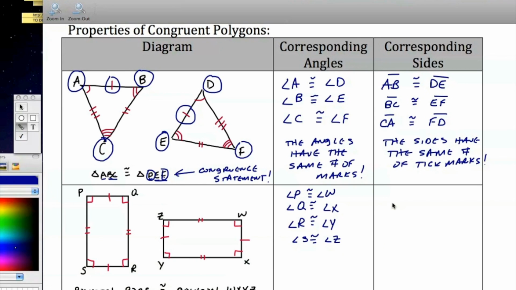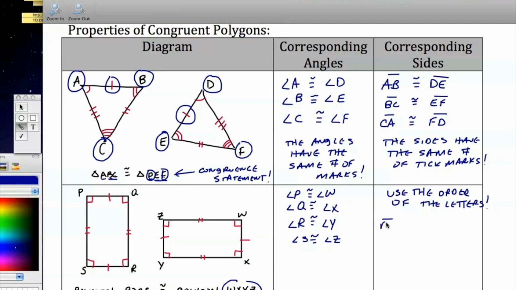Okay? Now, sides. It's going to be difficult because we have two sides that have one tick mark and two sides that have two tick marks. So we're going to use the letters, use the order of the letters.